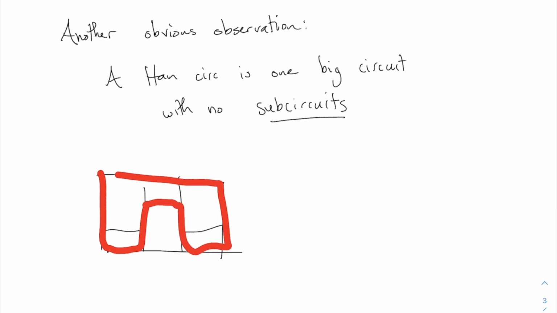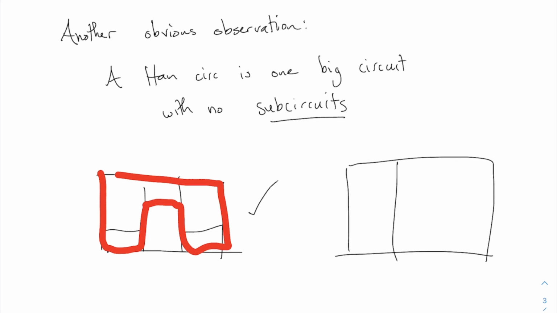That's one big circuit with no sub-circuits. That's what it looks like, all right? You are not allowed in a Hamilton circuit to ever have a sub-circuit. What I mean by that is something like this, which maybe goes around that guy and then comes back up here, all right? A sub-circuit meaning a smaller circuit which is part of the larger circuit.